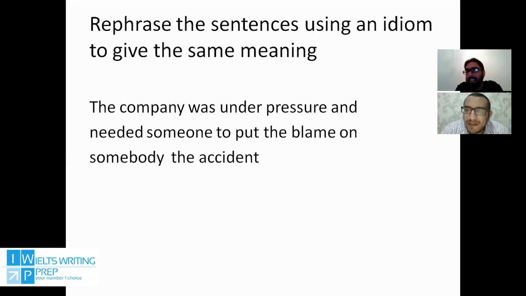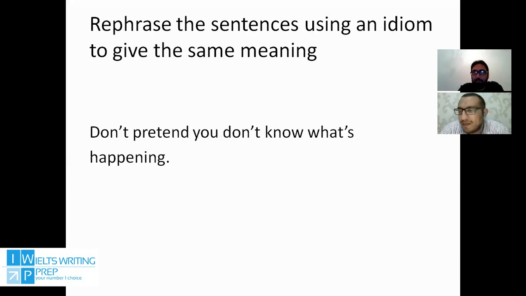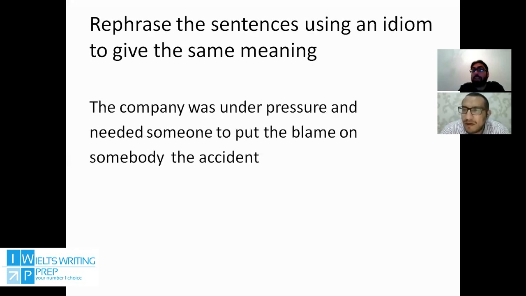Here it's like a noun, yeah? They needed a scapegoat, so they needed someone to put the blame on. They need a scapegoat, because scapegoat is a noun here, and it's in the singular form, yeah?